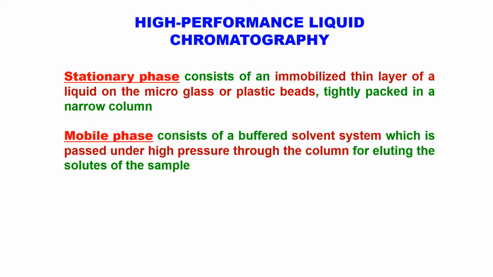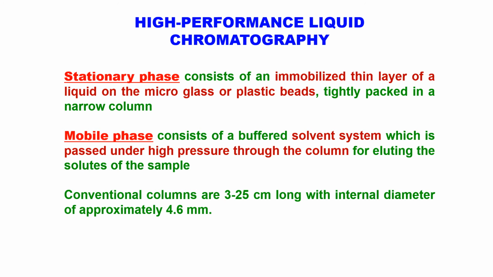The conventional methods of HPLC are 3 to 25 centimeters long with very small internal diameters as small as 4.6 mm. So you can imagine that in order to pass a liquid phase, a mobile phase, through this thin a column, high pressure will be required.